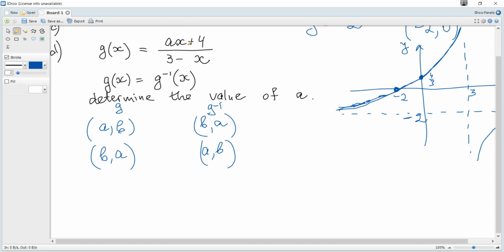We can take any useful point. For example, when x is 0, we can see that y is 4 over 3. So the point 0, 4 over 3 belongs to the function, and 0, 4 over 3 and 4 over 3, 0 both belong to the function and its inverse.